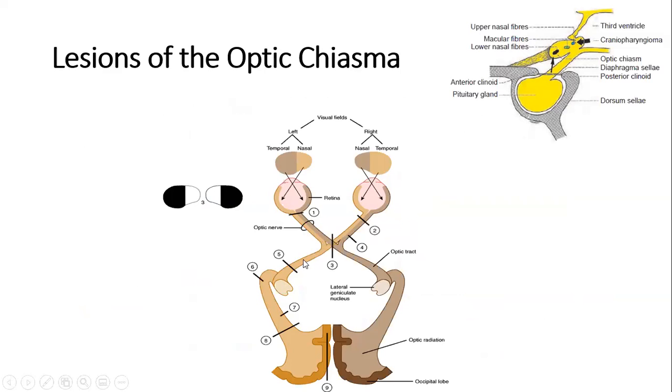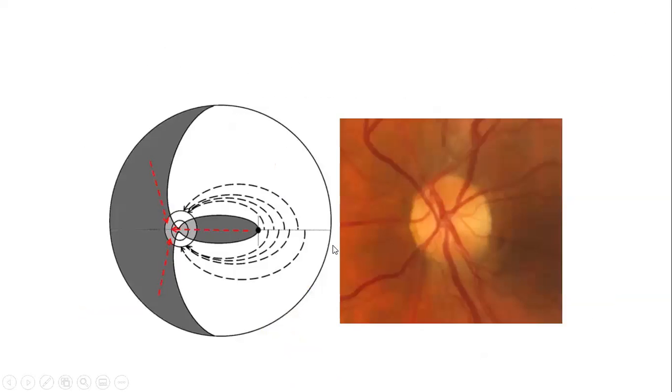Again, here also they go without crossing. So when there is a lesion in the central part of the chiasma, those fibers are not going to get affected. Therefore, they do not have any pallor on that particular side. So superiorly and inferiorly, we do not have pallor. Whereas this is the nasal side, there is some pallor, and this is the temporal side where the macular fibers are getting atrophied. Nasal side, nasal fibers are getting atrophied. That's why we have a bow tie pattern of optic atrophy. This happens in a central chiasmal lesion. Whereas when it involves the entire chiasma, including the lateral fibers also, then we'll get a total pallor.